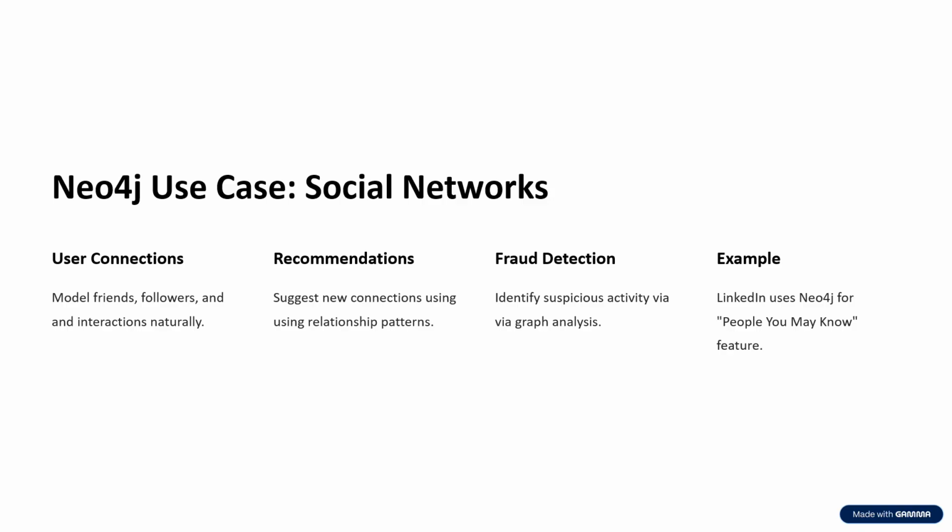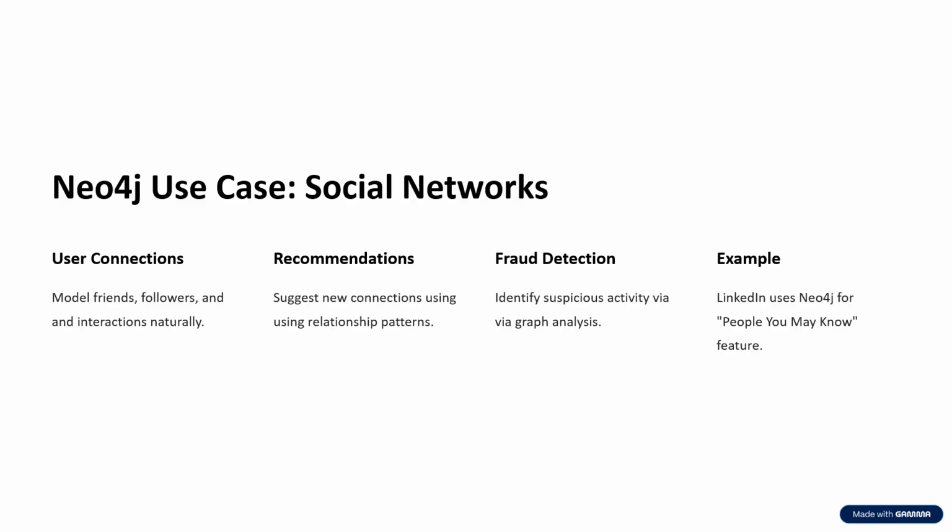And the second one is recommendation, which means suggesting new connections using relationship patterns. It can suggest new friends or connections by analyzing relationship patterns, like the 'you may know this person' feature. Then the third one is fraud detection. Identify suspicious activity via graph analysis.